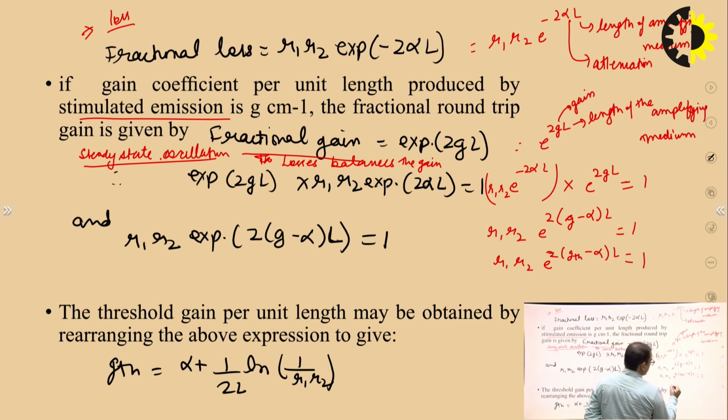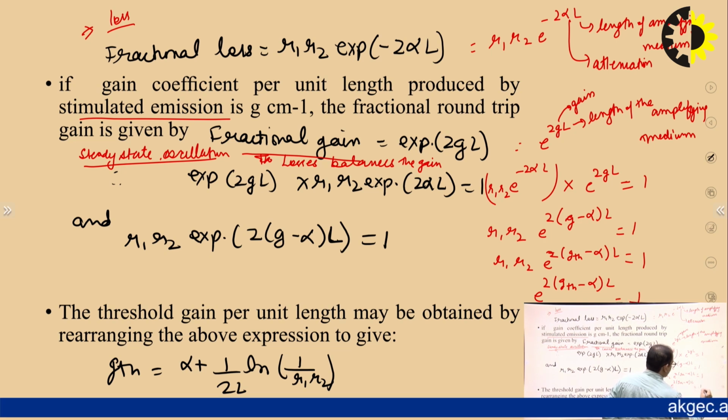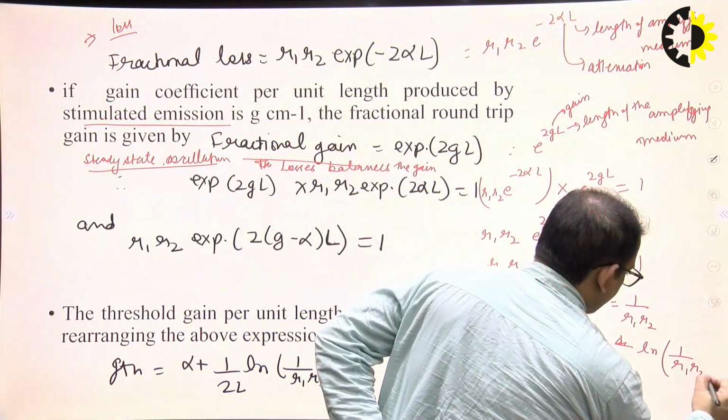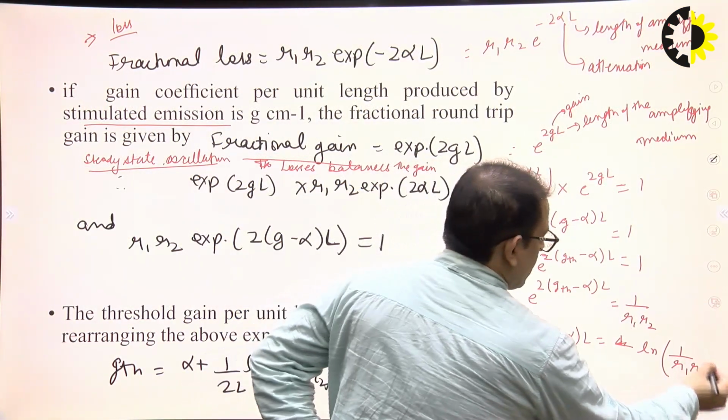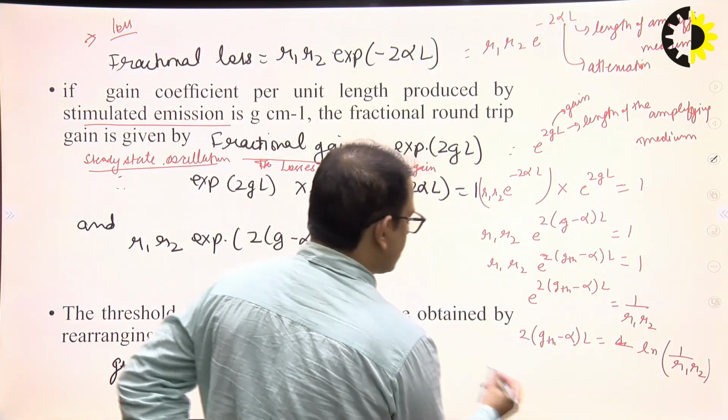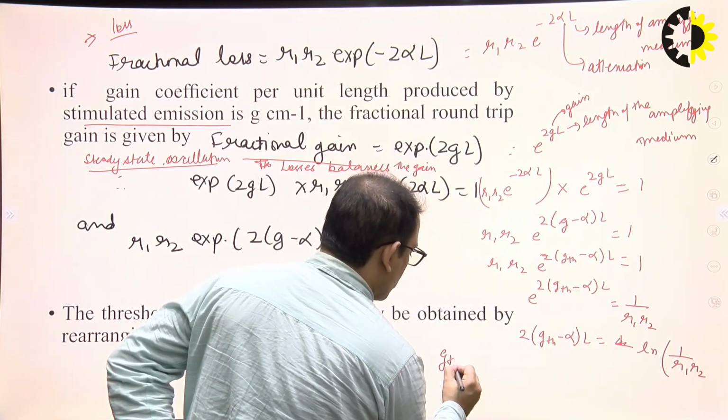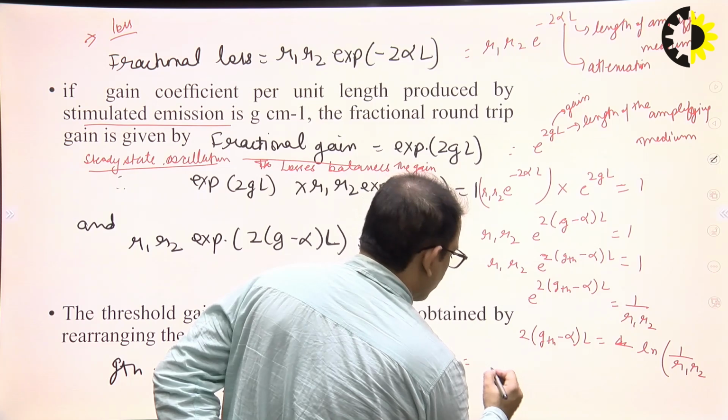On solving this, you will see that 2 (g_th minus alpha) L is equal to the natural log of 1 upon R1 R2. And to calculate the minimum threshold condition, that is g_th, what will it be equal to?